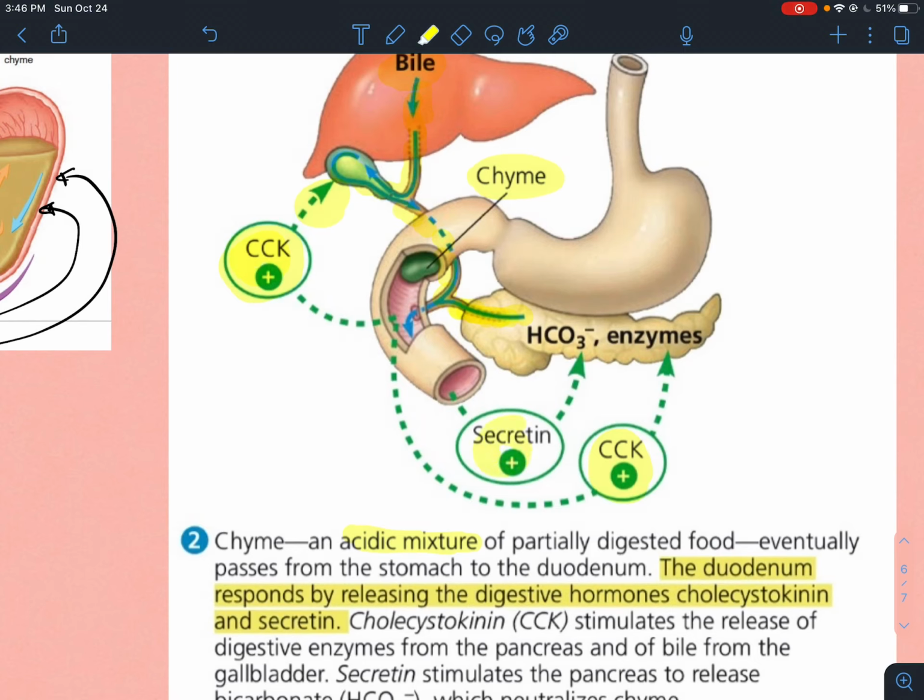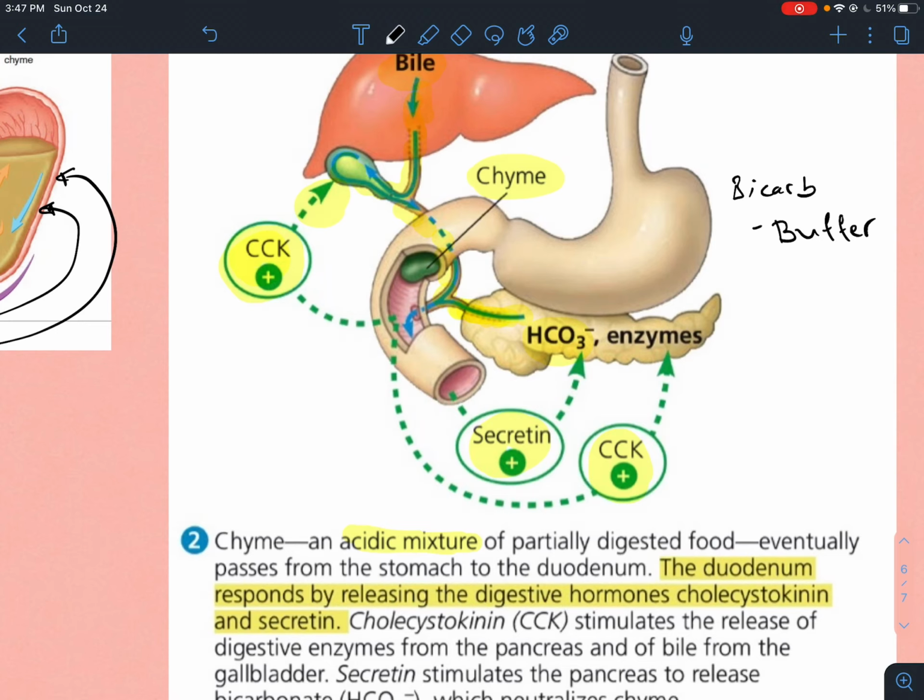Secretin will do its part as well to get that pancreatic juice, more specifically to release bicarbonate. Bicarbonate, or HCO3 minus, is a buffer. Remember, the chyme is extremely acidic.